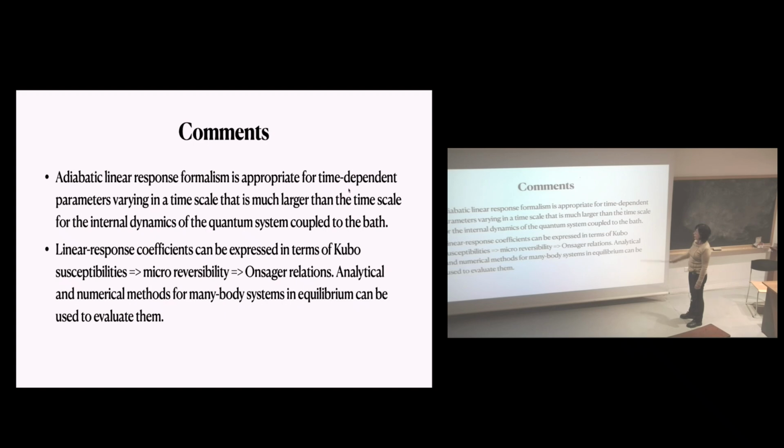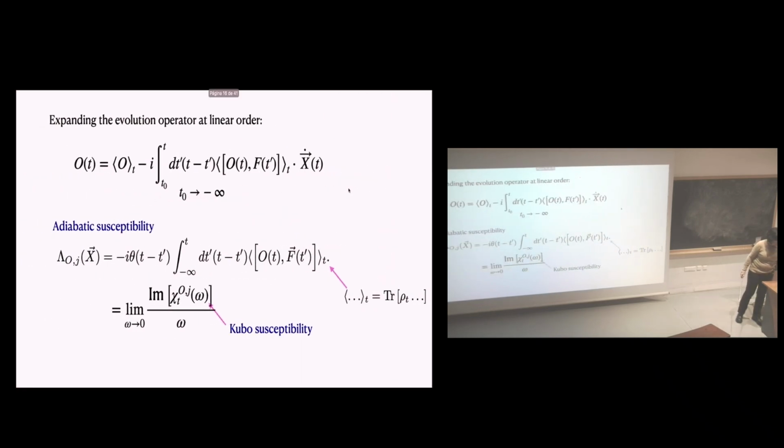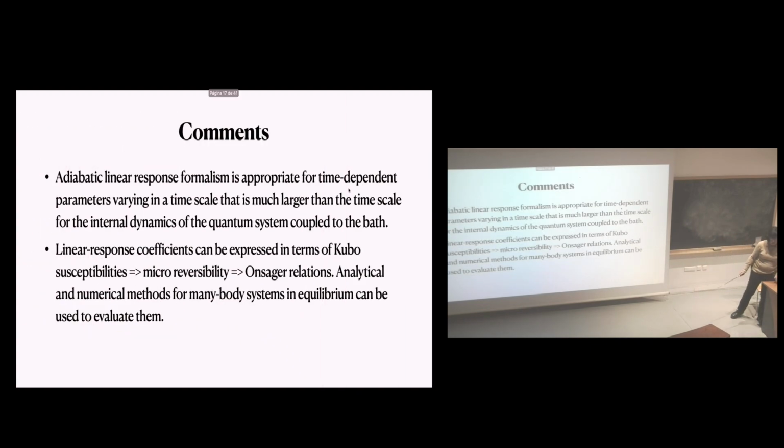The second comment was already mentioned. It can be expressed in terms of Kubo susceptibilities. What is very important is that all these quantities are evaluated with respect to the state corresponding to the frozen Hamiltonian, and this is an equilibrium state. So all these susceptibilities obey micro-reversibility, so they also obey Onsager relations.